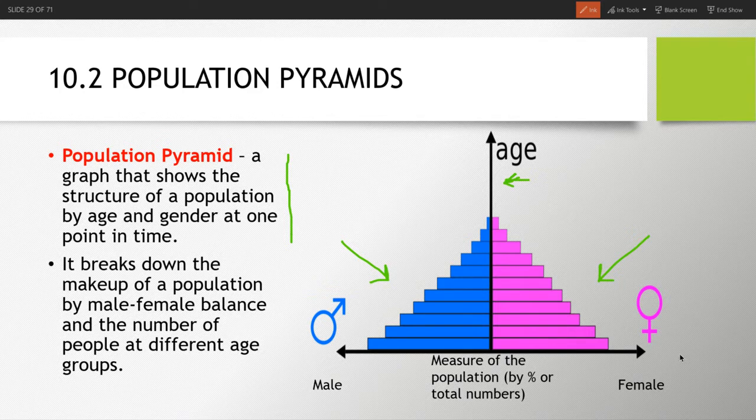So, for example, down here you might have all the ages from 0 to 4, 5 to 9, and so on up the graph. So the idea is you can get a picture of the population at any given time. And I should say these numbers for these graphs on the side are usually shown as a percentage of the total population, but sometimes they indicate actual numbers as well.